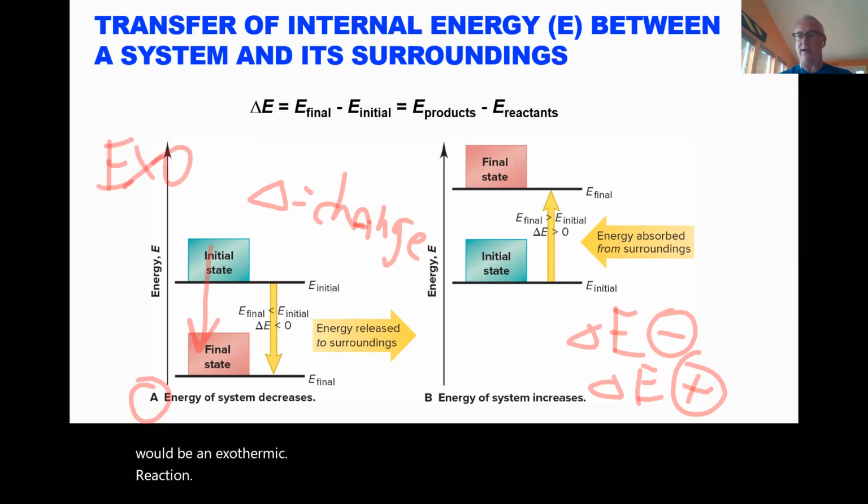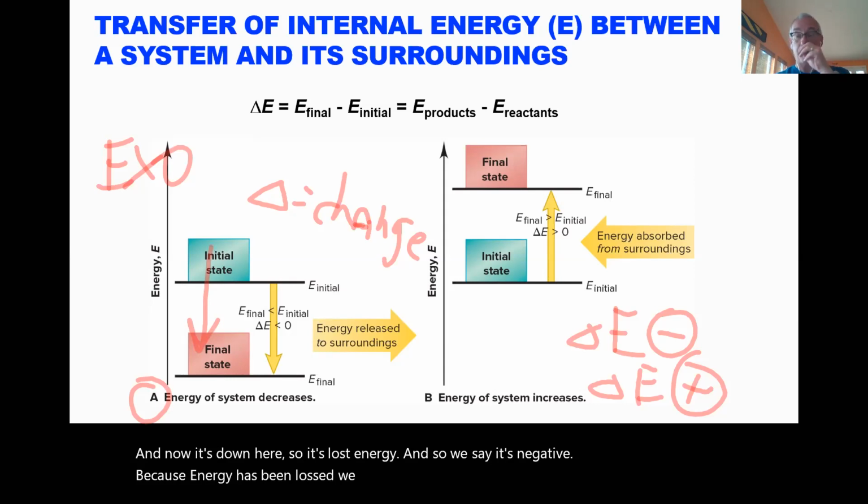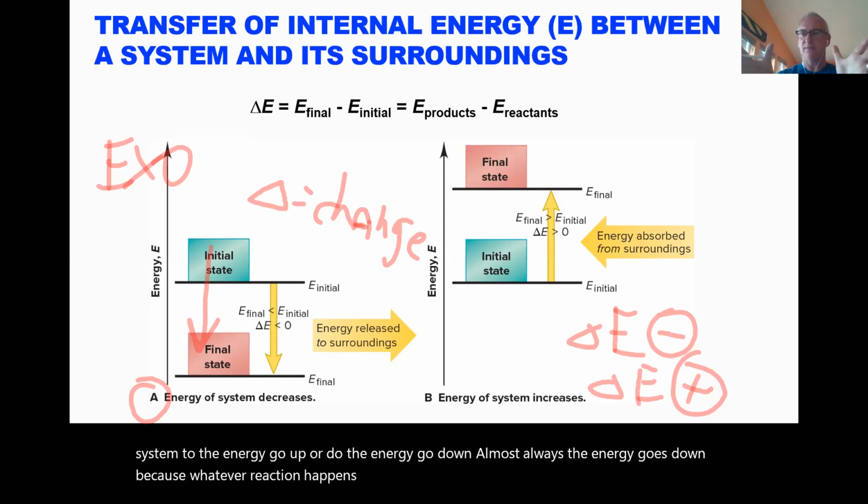So in an exothermic reaction, the system is up here, and then it releases energy as heat, and now it's down here. So it's lost energy, and so we say it's negative because energy has been lost. We always measure energy by what happened to the system. Did the energy go up or did the energy go down?